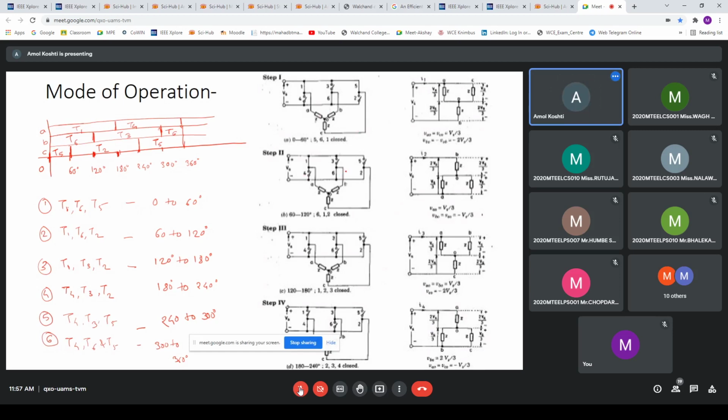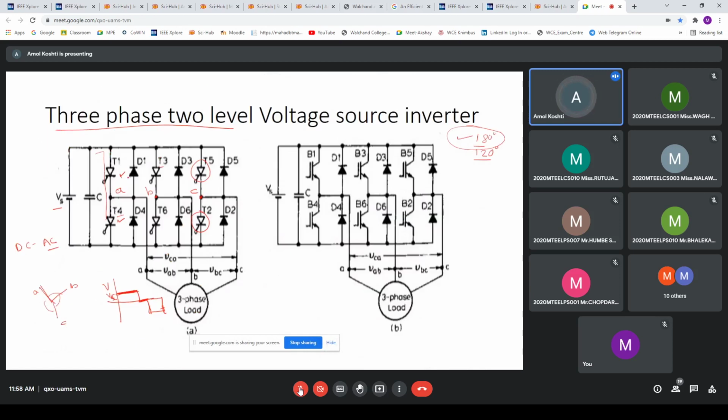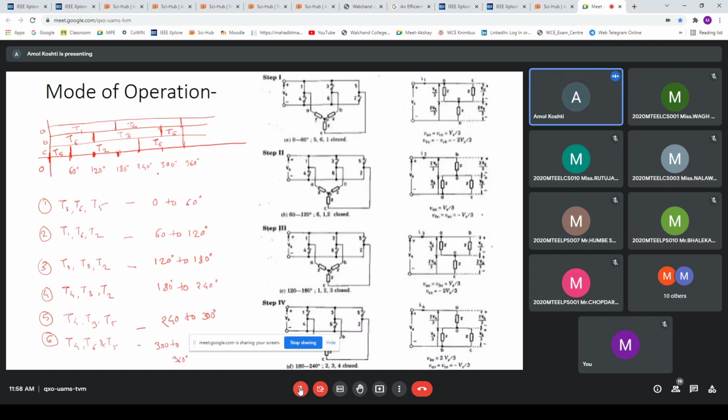Here, instead of directly showing the thyristors or MOSFETs or any other switch, this is assumed as one switch and indicated. So here, initially T1, T6, and T5 are on.